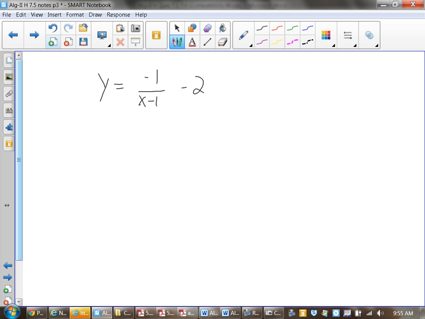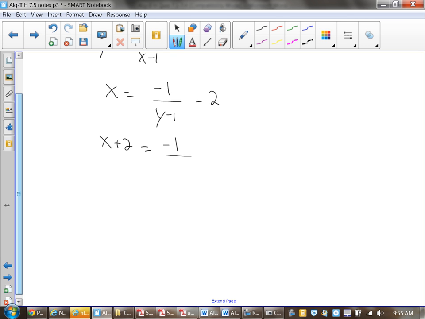I think it's always been easier that way. So from here, I'm going to flip-flop my x's and y's. So I have x equals -1 over y minus 1, minus 2. To start this, I have to add the 2.